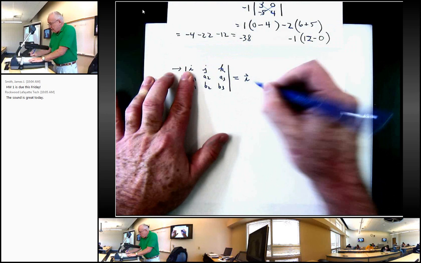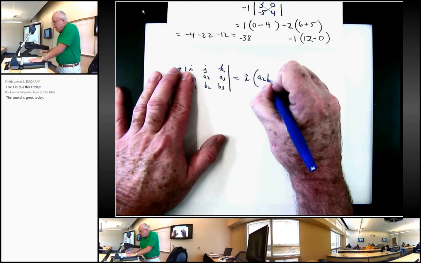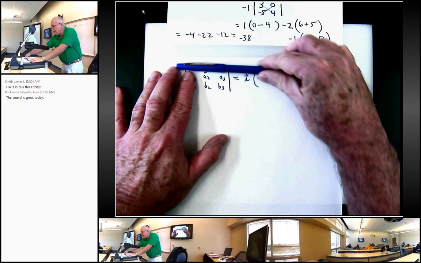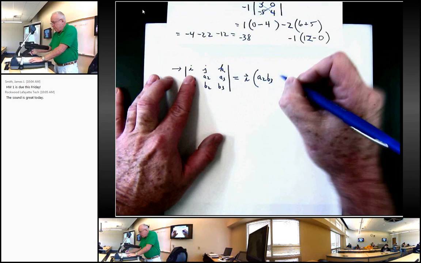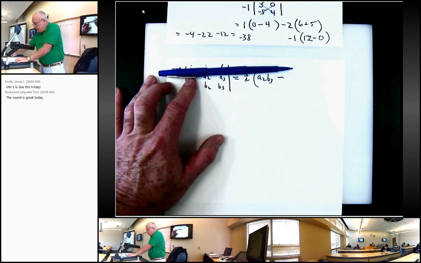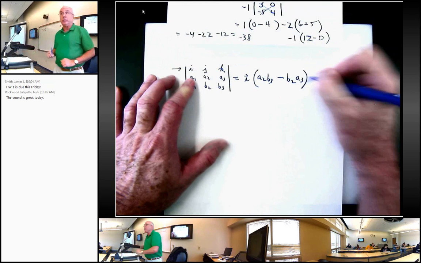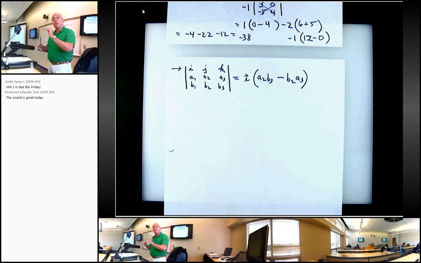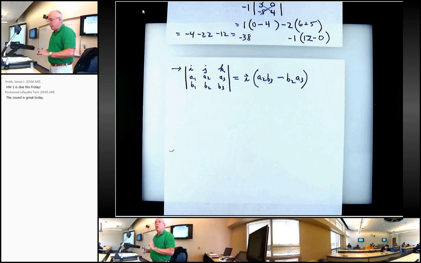A2 times B3, that is the down diagonal, minus the up diagonal, which is B2, A3. Close our parentheses. That's going to be the component of the first element in our cross product.